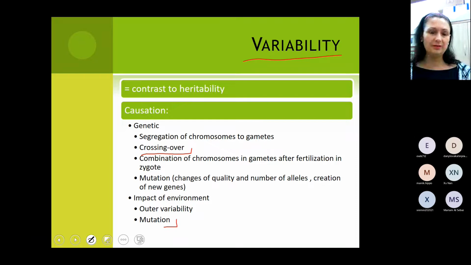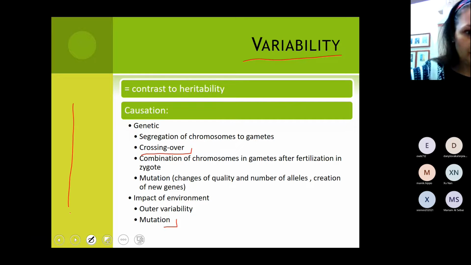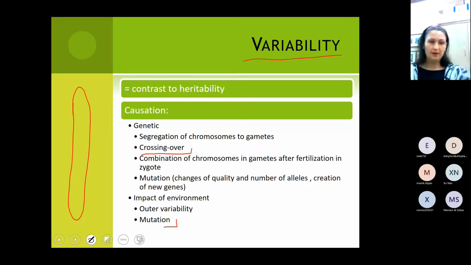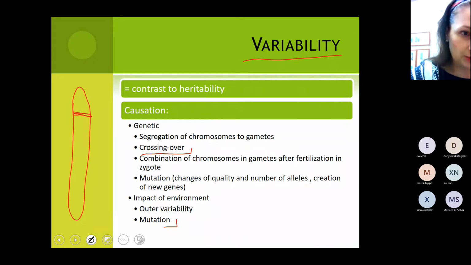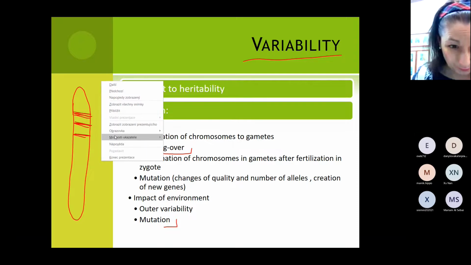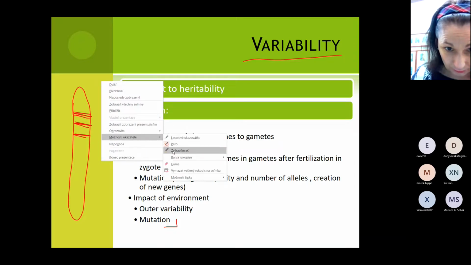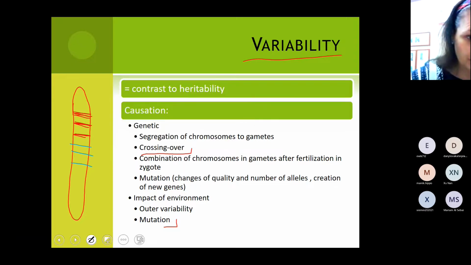Now we know, whereas we expected that maybe 20 years ago, that there are some groups of genes which are inherited together. So it means that we have a chromosome, for example. I will just draw a part of it, and we have some genes here. I will draw the genes as lines, in a different color. So these lines are genes.